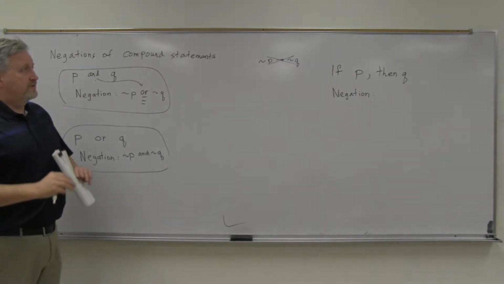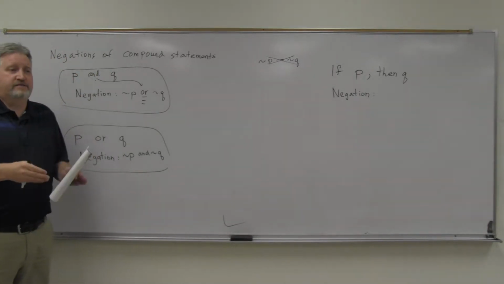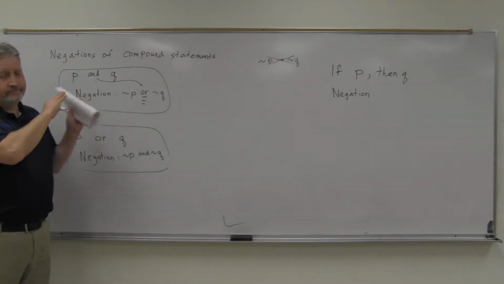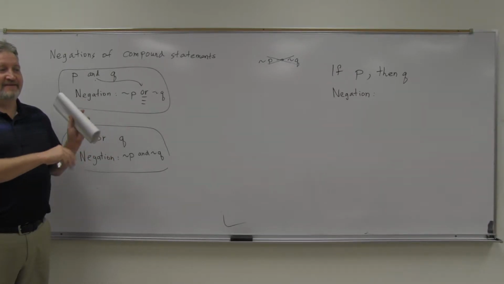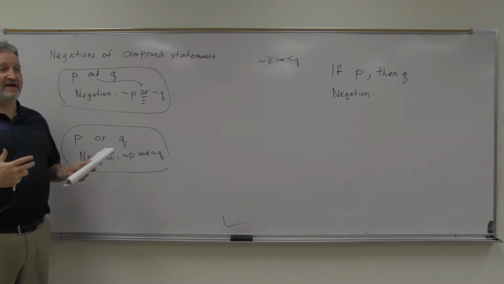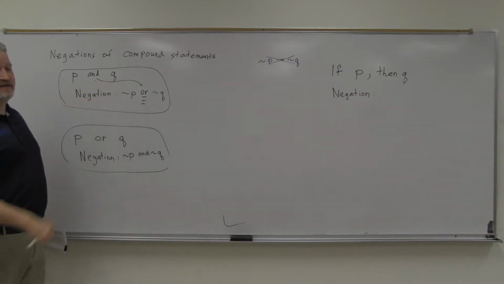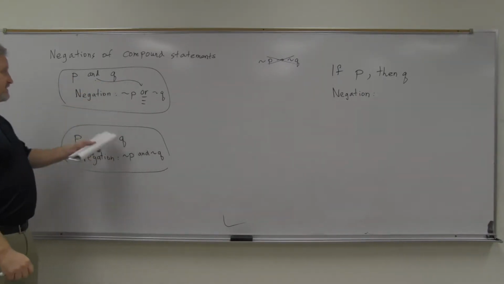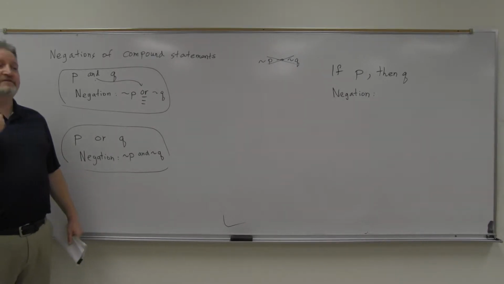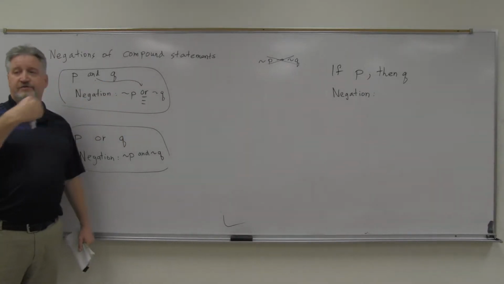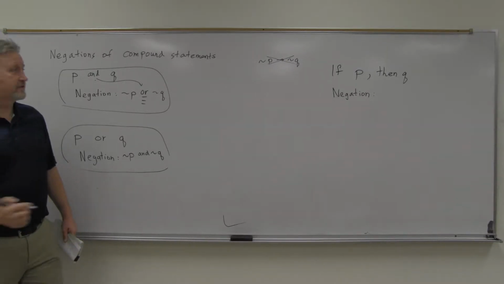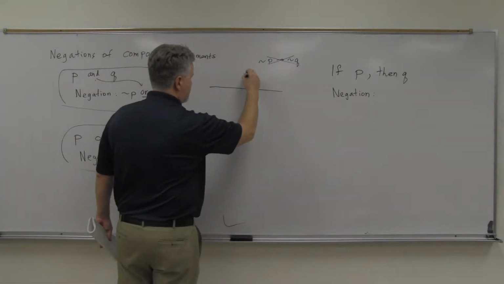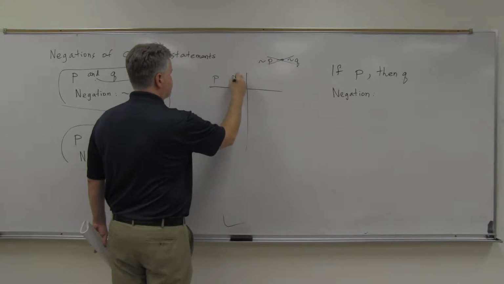Matter of fact, to do the negation, you don't even negate one of those statements. And you change it to a completely different type of statement. You know, this is an if-then statement. Well, I guess we did that with these, but it turns out to negate that, you're going to change it to an and statement, actually. So let me just show you how this works.